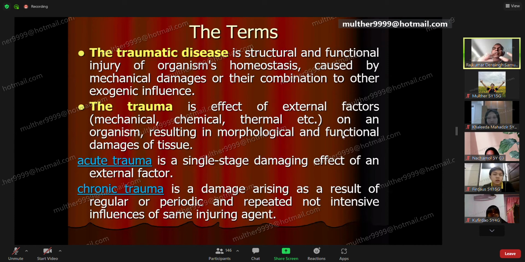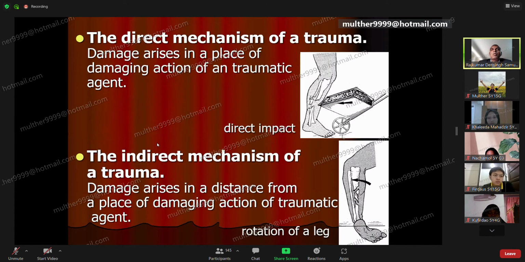The force is not enough for the muscle or tendon to rupture, but constantly it gives a micro tear. Then maybe an inflammatory reaction will happen in the region, but it is not severely damaging. They may end up having chronic pain in the joint, or a limitation of movement, and so on. This is called chronic trauma. So you should be able to differentiate acute from chronic trauma.